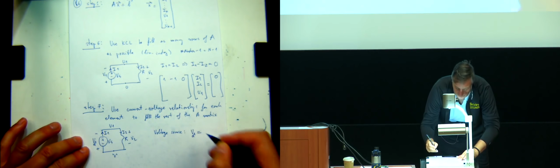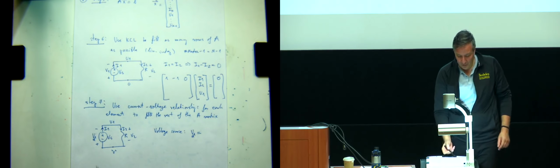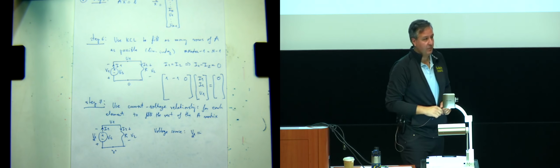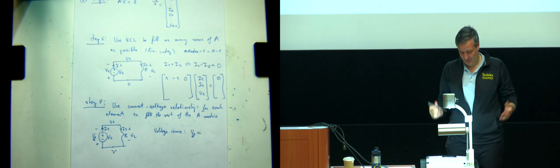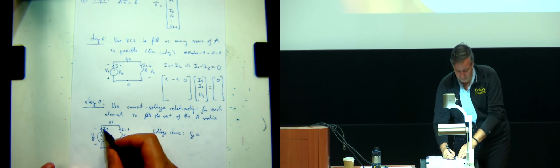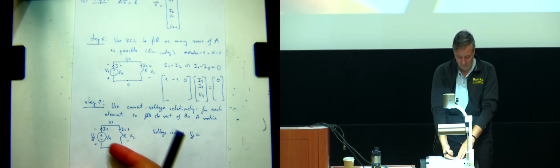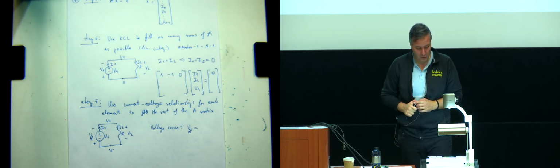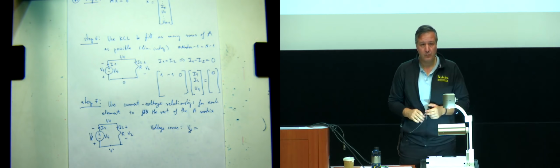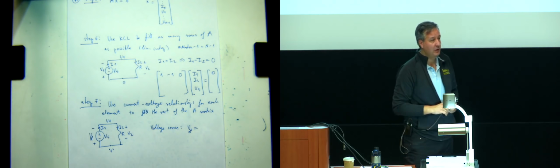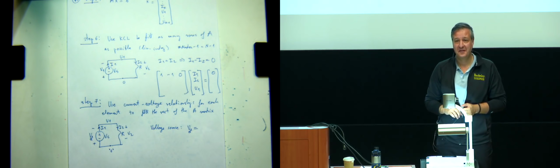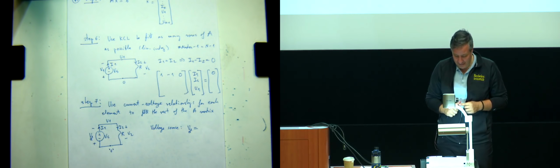Okay, let's call this V element 1, just so it's clearer. V element 1 is what? It has to do something with Vs, right? It's measuring the same thing that this source is doing. So just applying the definition, what's going to be V element 1? Anyone? Yes? Vs, okay.